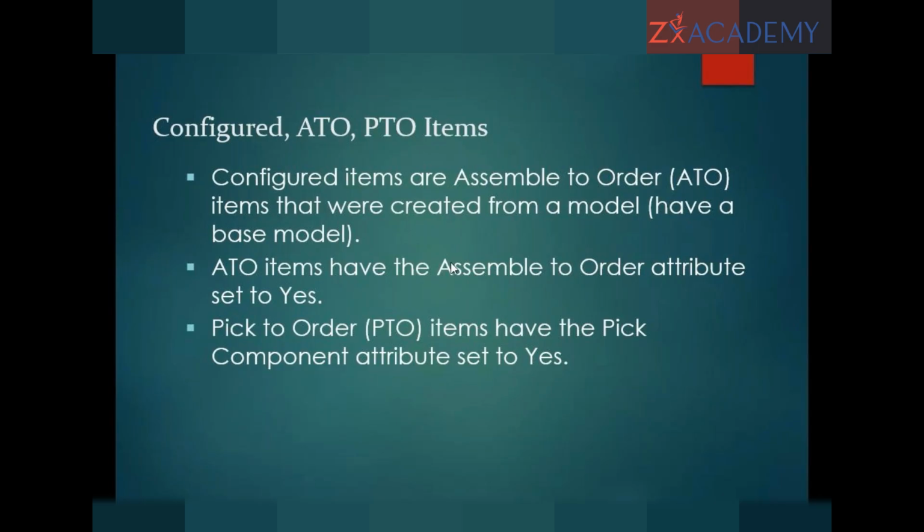It's a part of the model, but we are selecting a different combination. Those are called configured items. ATO items have the Assemble to Order attribute set to yes. For PTO, we have the pick components attribute set to yes. This is the major difference between configured, PTO and ATO.